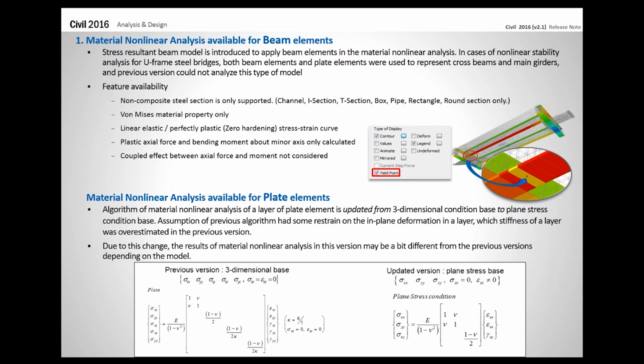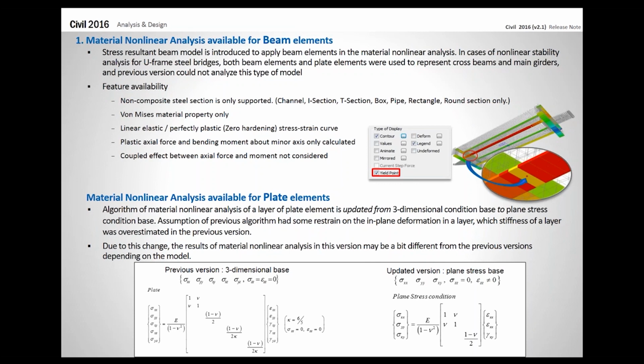Secondly, material nonlinear for plate elements is enhanced, which means that in the previous analysis approach, in-plane deformation of the layer of the plate element was neglected, which resulted in overestimated stiffness of the layer.